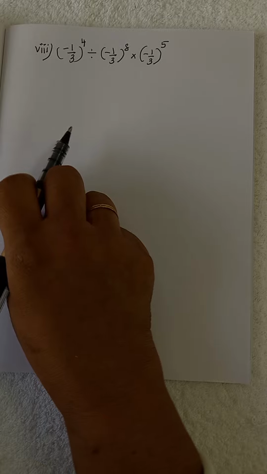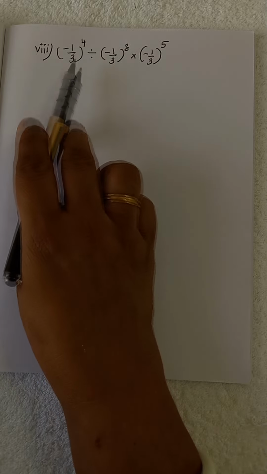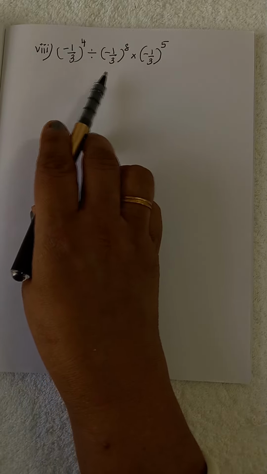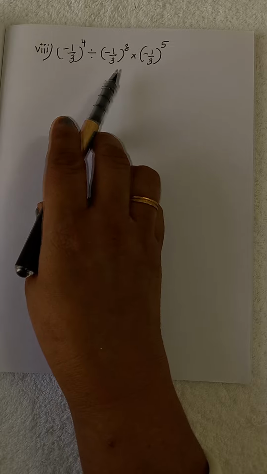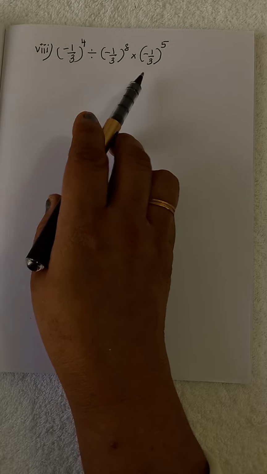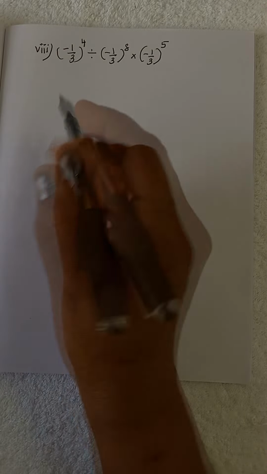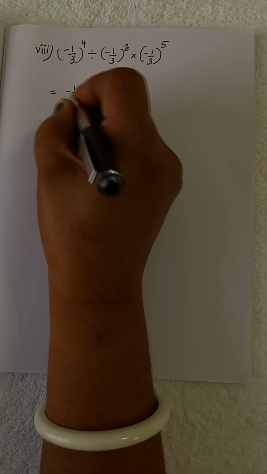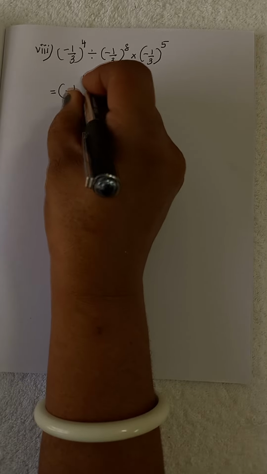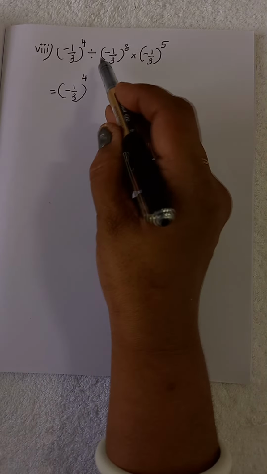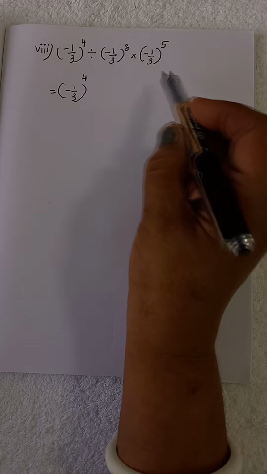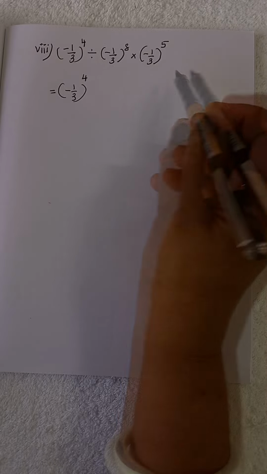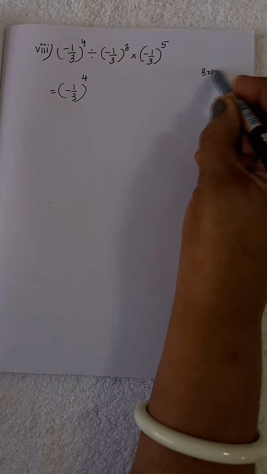Now the eighth question is (-1/3)^4 divided by (-1/3)^8 into (-1/3)^5. Now this is equal to (-1/3)^4. Here two operations are there, division and multiplication. Which one will we do first according to BODMAS?